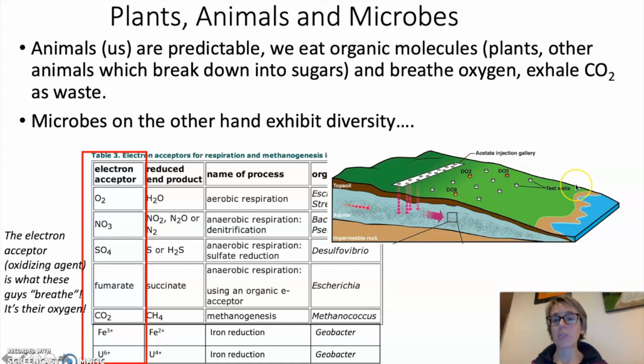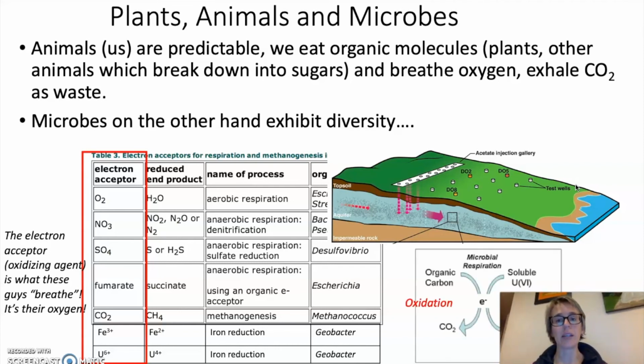And the reason why we did this was to stimulate the bacteria that could then breathe in that U6, which is a very mobile, soluble form of uranium, and reduce it to U4, which is insoluble in the mineral form of uraninite.